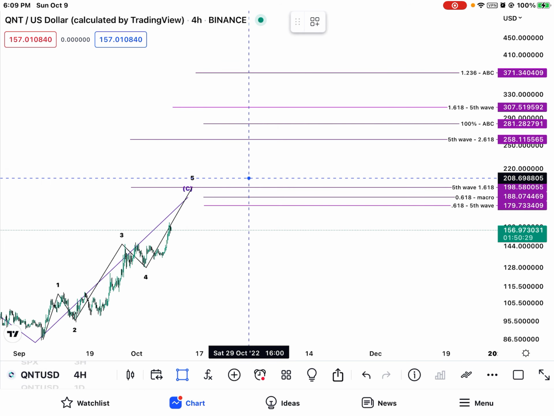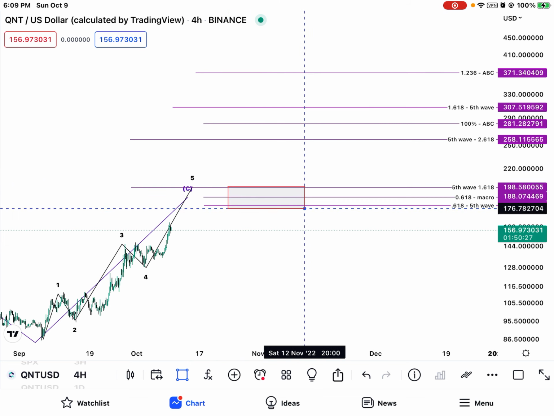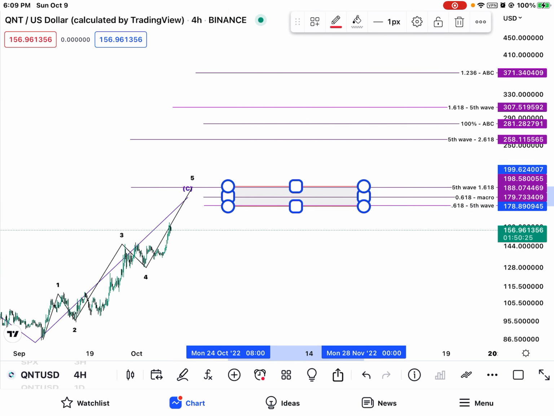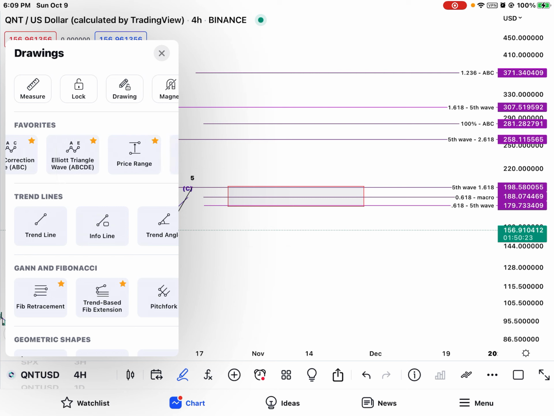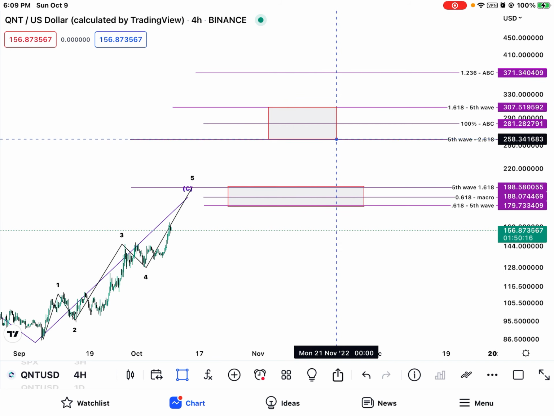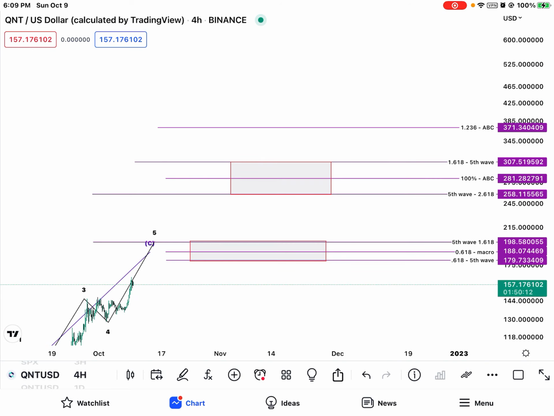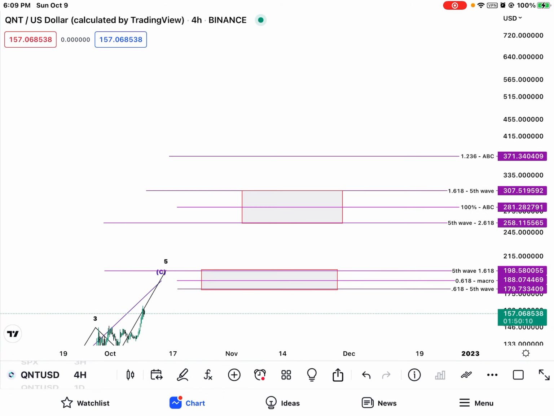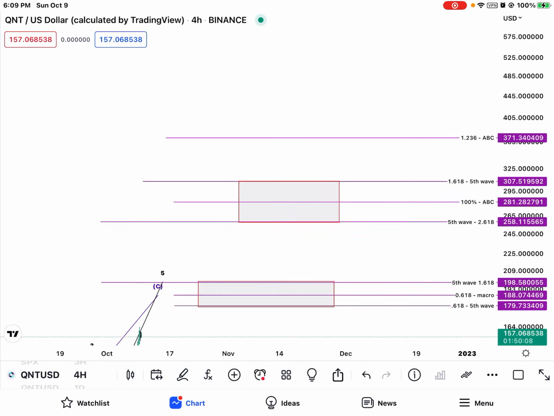We see a Fibonacci cluster here. We also see a Fibonacci cluster here. Okay.